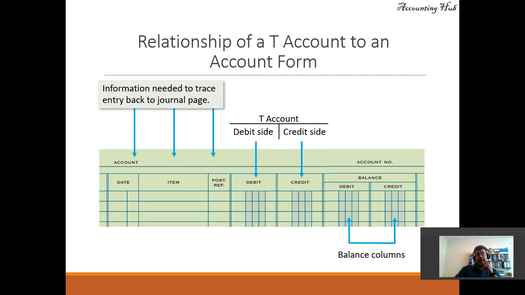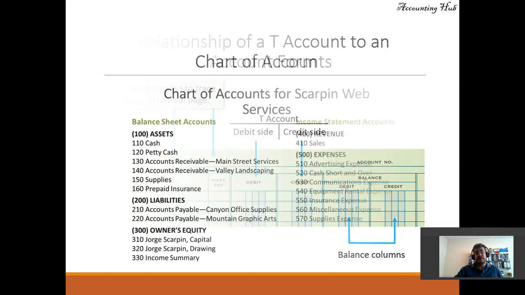And then the balance columns here. That is also very important because usually on T accounts, we find only the ending balance. Here we can find the balance after each transaction.